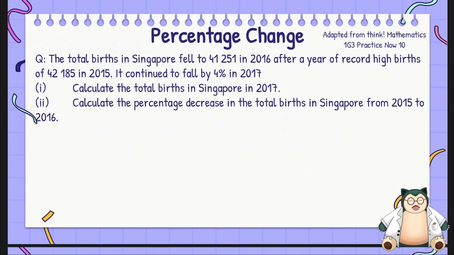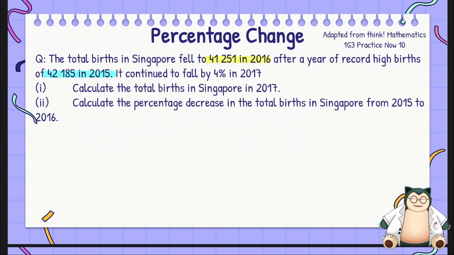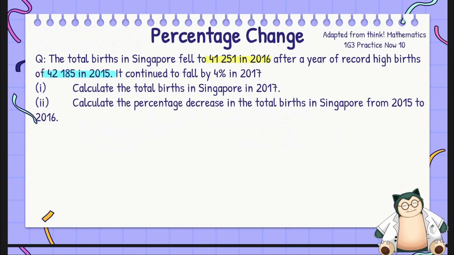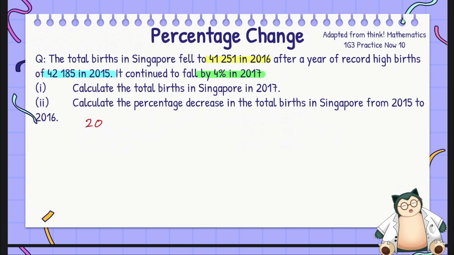Let's look at another example. The total births in Singapore fell to 41,251 in 2016 after a year of record high births of 42,185 in 2015. It continued to fall by 4% in 2017. Calculate the total births in Singapore in 2017. Let me use a black pen.